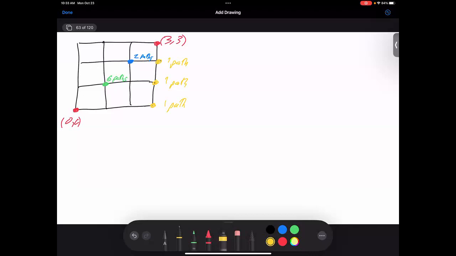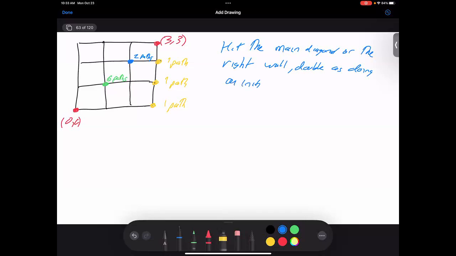So maybe do as hit the main diagonal or the right wall. And then double as doing an initial move of east.